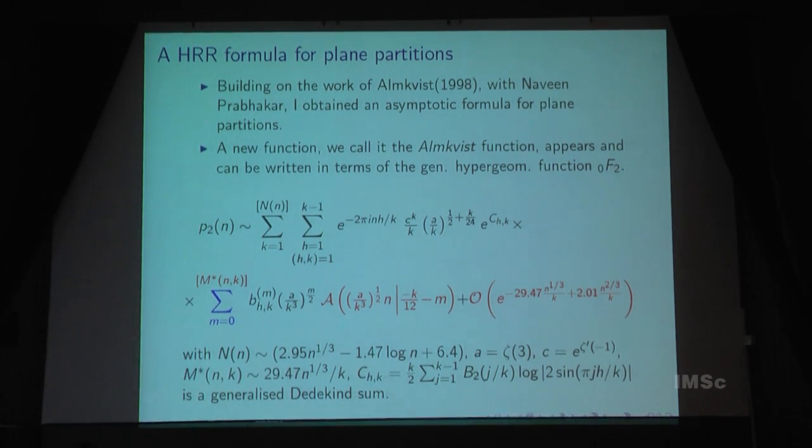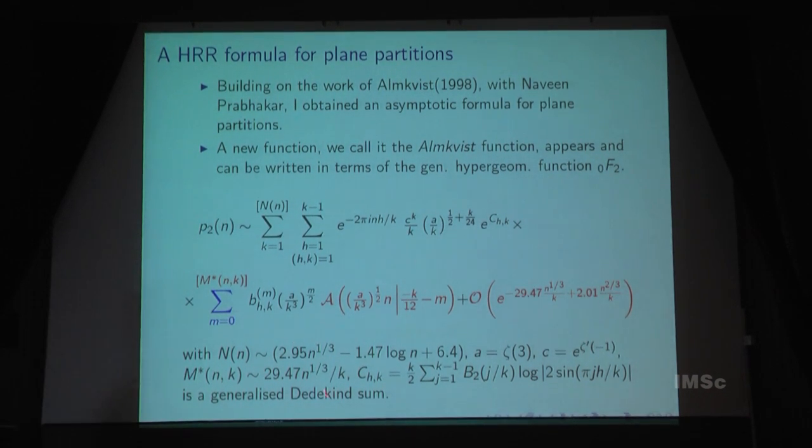Okay? And it's not asymptotic like the Hardy-Ramanujan-Rademacher thing, that cannot go away. And the formula looks similar. So again you see there's a HK sum which is truncated at n star, and n star goes as some constant times n power 1/3.